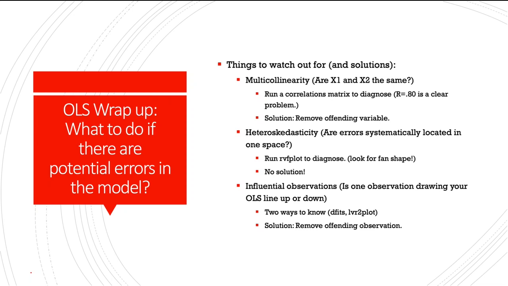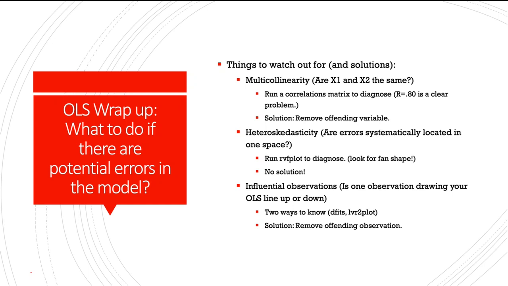The solution to heteroscedastic error is a little bit more complex. It's outside of our toolbox, and it is something that we would usually cover in an advanced course. So for our purposes, if you identify heteroscedastic error, you tell that this is what's going on here, and you say, well, can't do anything about it right now.